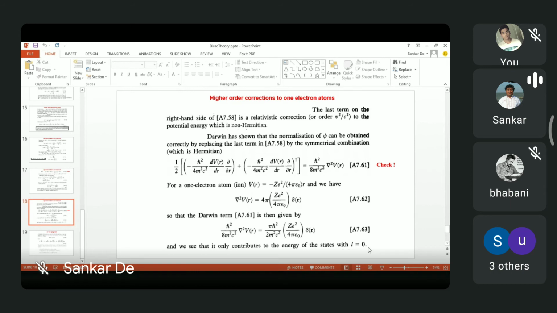So it's a delta function, and therefore the Darwin term, h bar square by 8 m square c square grad square Vr, comes out to be pi h bar square by 2 m square c square times Ze square by 4 pi epsilon 0 times delta r. From that, it is seen that it contributes only to the energy of the L equal to 0 state.